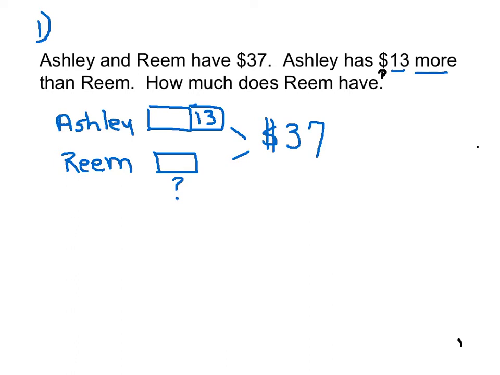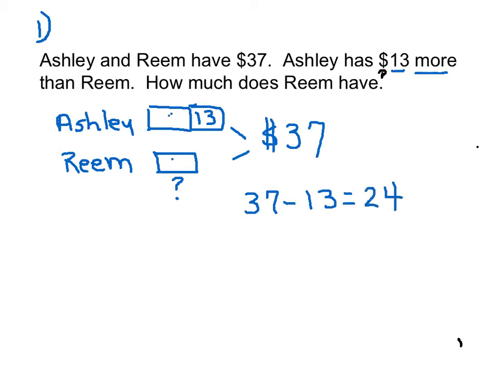Okay, now I need to solve that. This is one of those questions where I have two equal parts, 1, 2, and then I have $13 extra. And all together, it makes $37. So I'm going to take away that 13, so that would be subtraction, 37 minus 13, which is equal to 24.